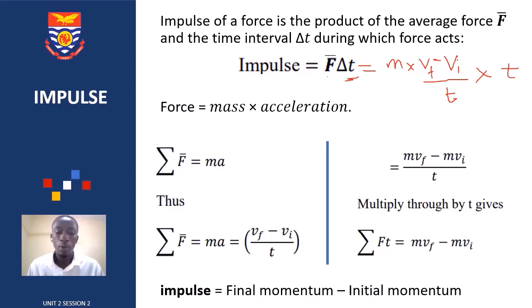So from here, we can just cancel this t out, so that we multiply the m through the vf minus vi, so that at the end we will get an expression like m vf minus m vi, which is going to give us the final momentum minus the initial momentum. So we can also express impulse as the final momentum minus the initial momentum.